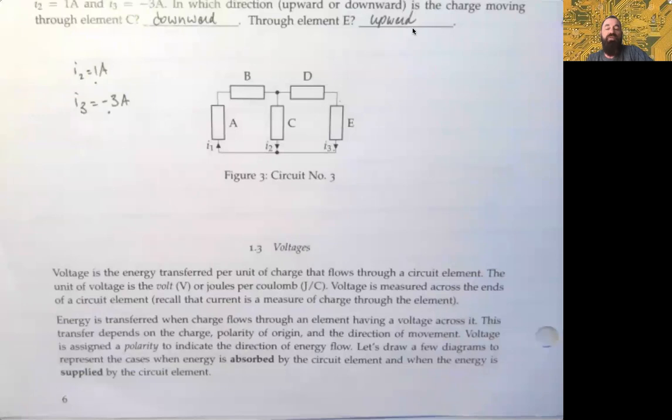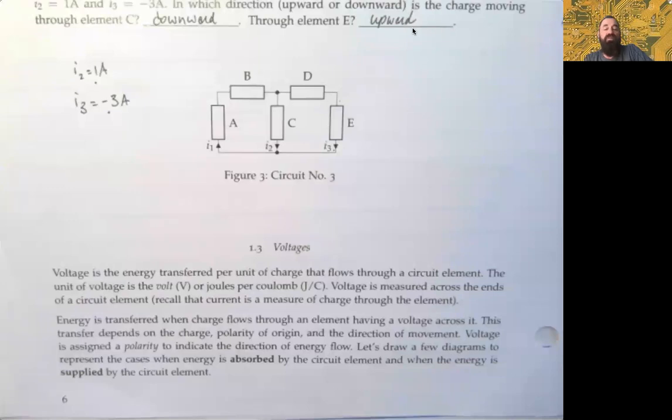And we'll draw a few diagrams to represent the cases where the energy is absorbed by the circuit element, which might, for example, represent resistance, which is used to produce a heating element, a coil type thing. When energy is supplied by a circuit element, for example, a voltage source, it would be supplying the circuit.